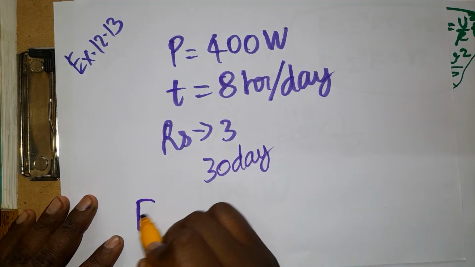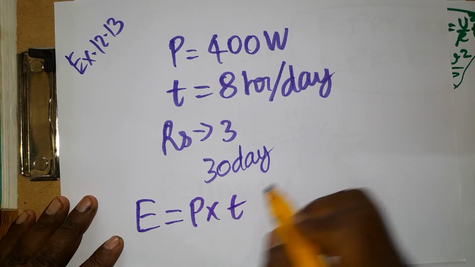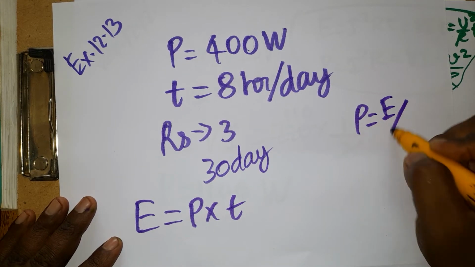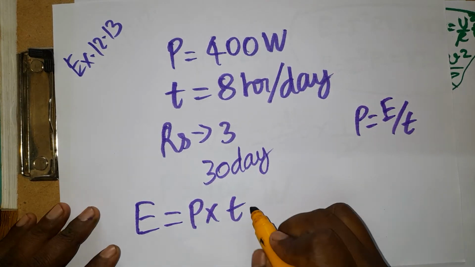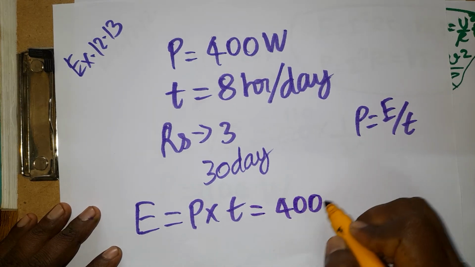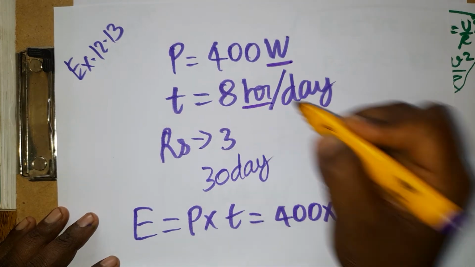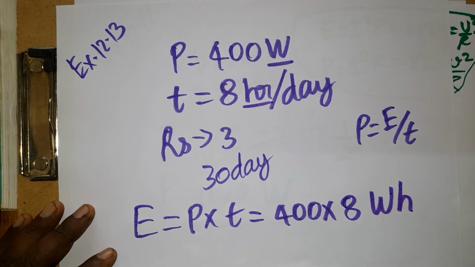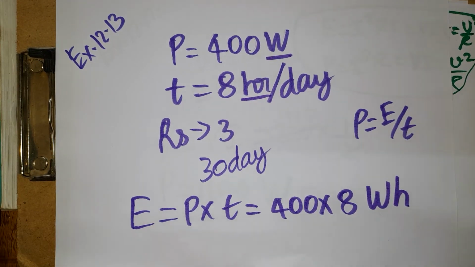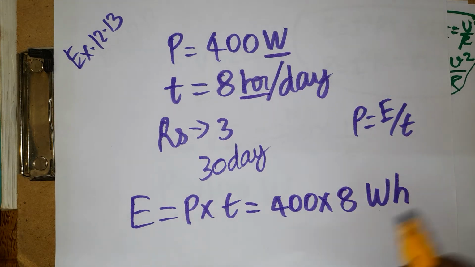If you want energy, energy is equal to power into time. What is power? 400. What is time? 8. Multiplying these two gives watt hour, so this is for 1 day. For 30 days, multiply by 30.